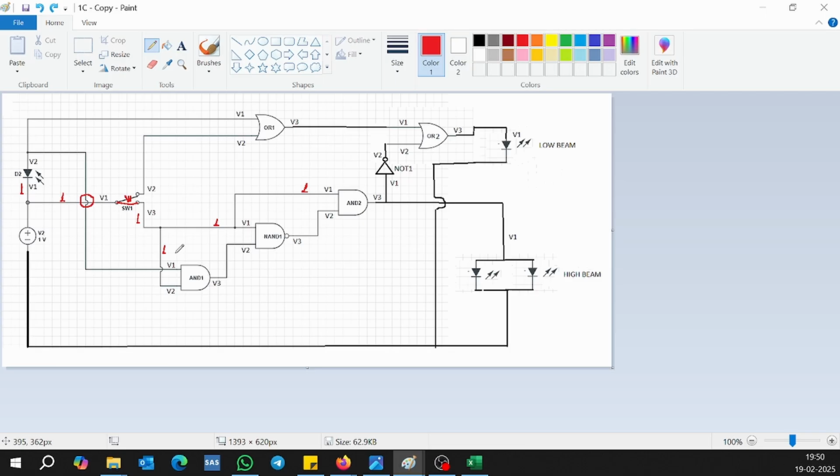The current does not flow from one wire to the other. But wherever you see a dot like this, that means the wires are intersecting. That means the current actually flows through them. Like at this place, the wires are intersecting, so the current will actually flow through these wires. See, all these are intersections. Understood?